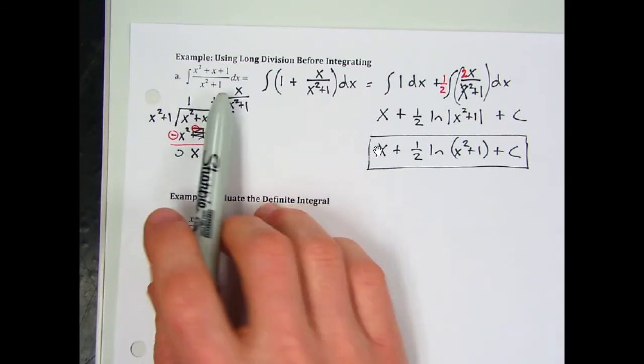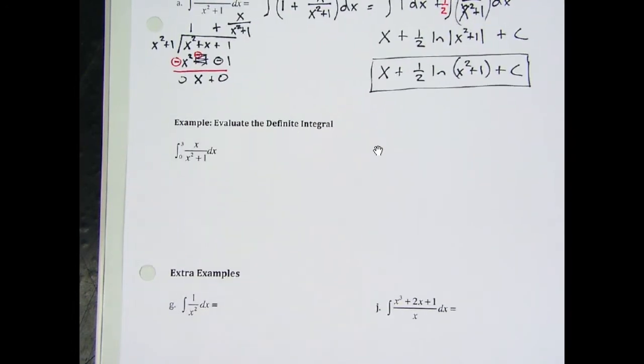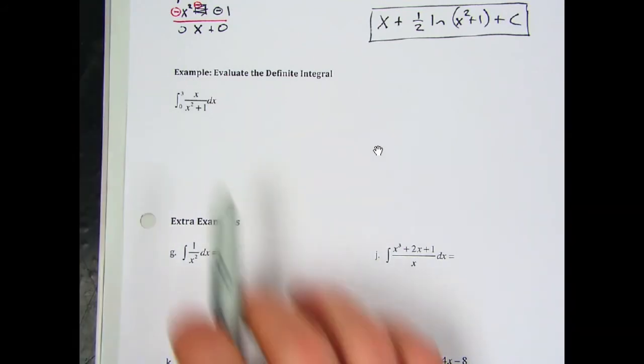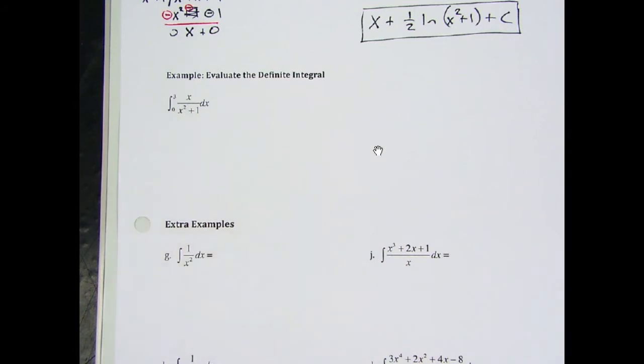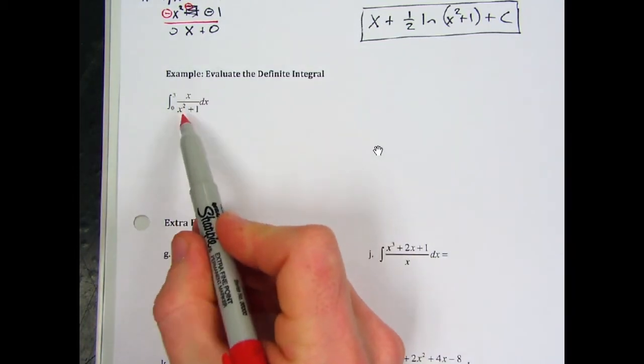All right. One other thing is to be able to evaluate a definite integral. Now it's the definite integral from 0 to 3 of x over x squared plus 1. You can probably see here that we need to multiply the top by what? 2.